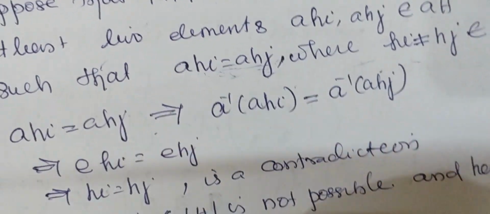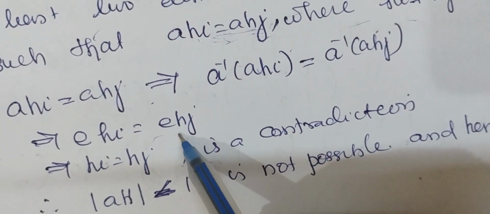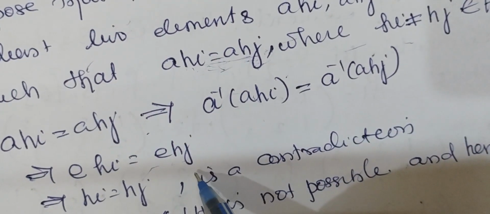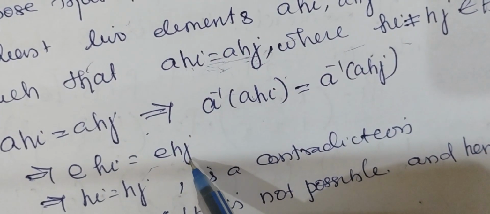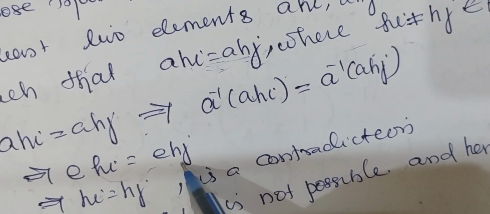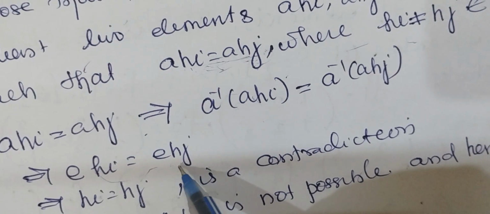So a inverse and a cancel, and you get h_i is equal to h_j. But H is a set and its order is fixed, so there will not be two identical elements in H. Therefore it is a contradiction.